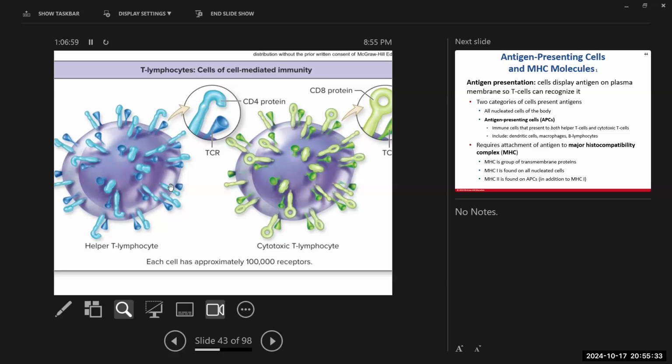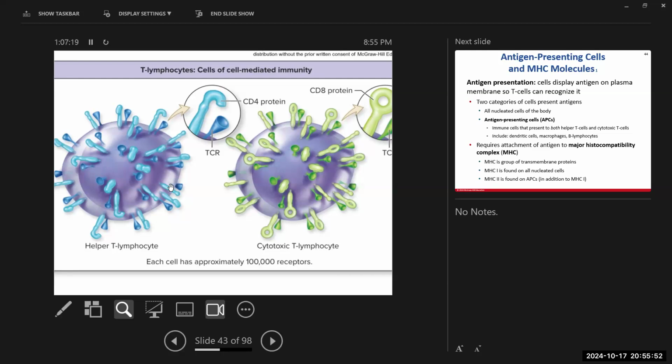And then, remember what I said, like our boat, we want to stabilize that connection. This other protein, called the CD4 protein, because we're dealing with our helper T lymphocyte, helps to stabilize that connection. So that's our second rope for our boat.